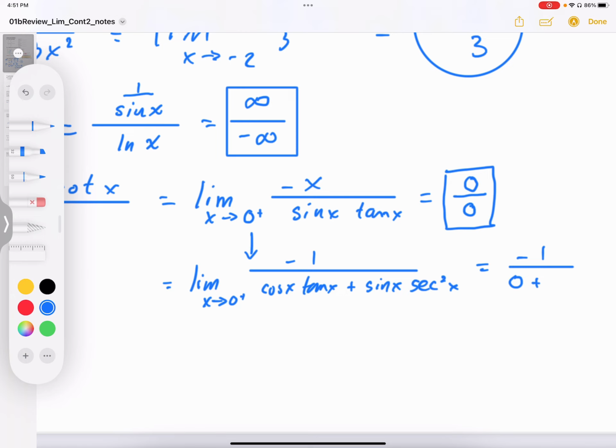I'm approaching the zero from the positive side, which means I'm dividing negative 1 by positive 0. That becomes negative infinity, so that's my limit.